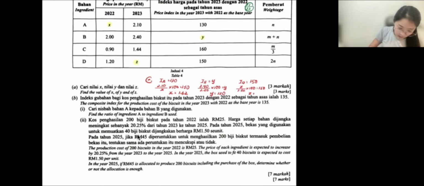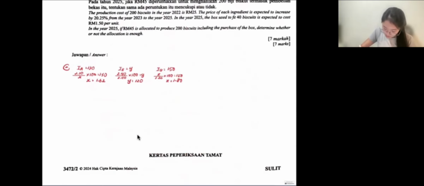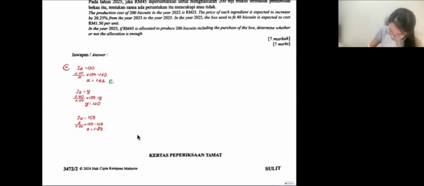So 150 divided by 100 times 1.2. This is 1.8, 1 ringgit 80 cents. I move it down now. 3 marks total here, 1 mark, 1 mark, 1 mark. Answer must be 2 decimal places for money.